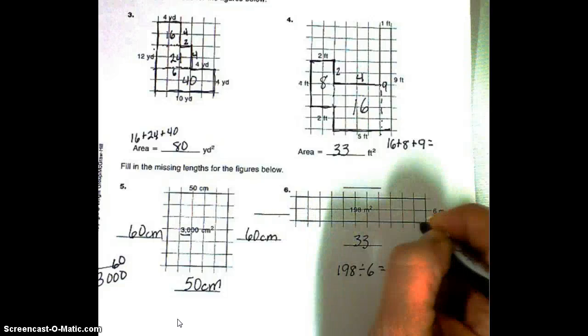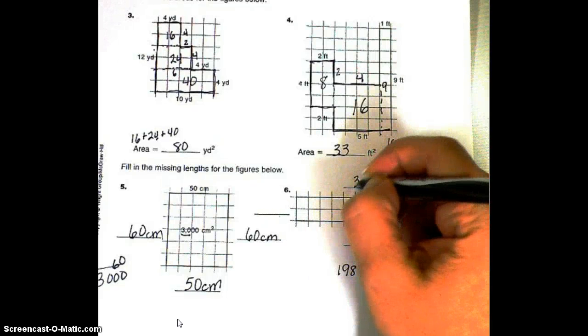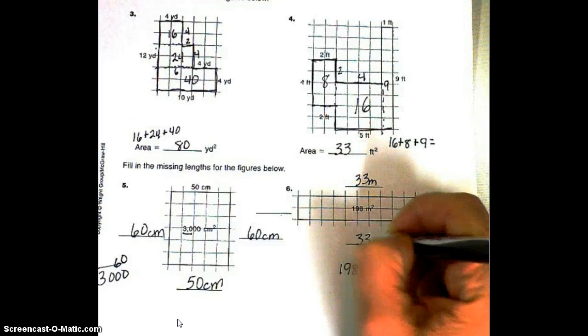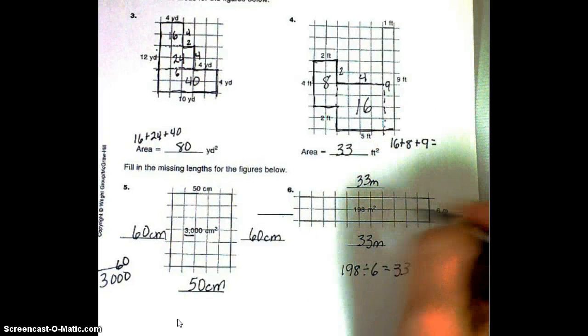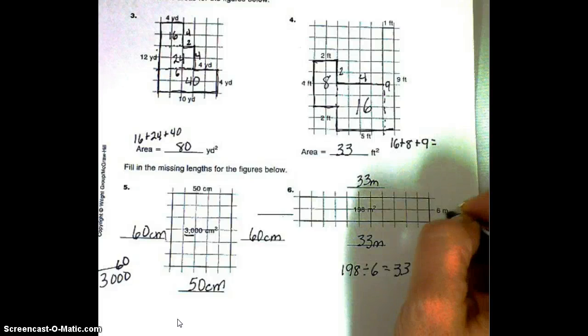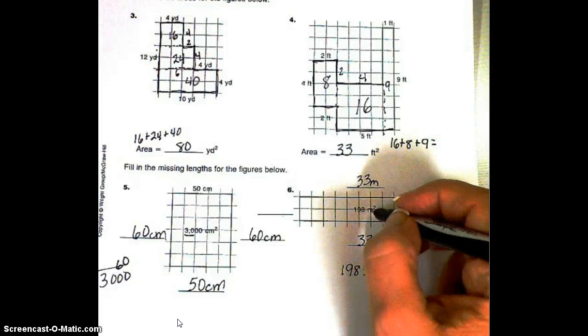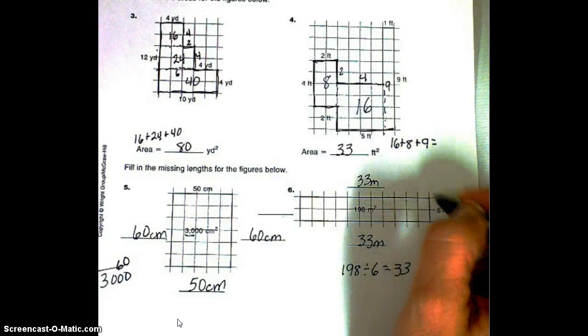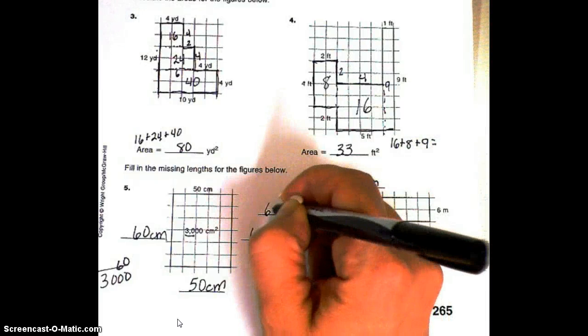And if the bottom is 33, the top must also be 33. And we're in meters this time. Remember not to write meters squared because we're separating it now. We've got meters times meters, and it will equal meters squared in the center, but for the sides we're just meters. If this is 6, then this is 6. Don't forget your unit of meters.